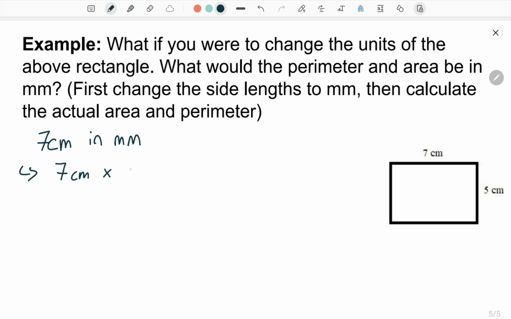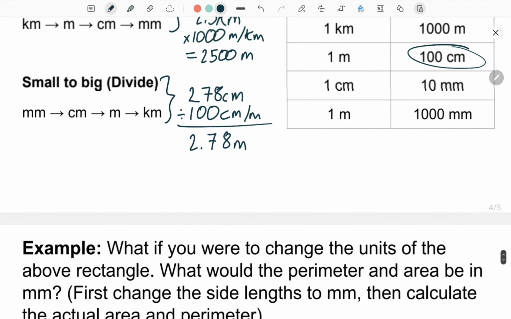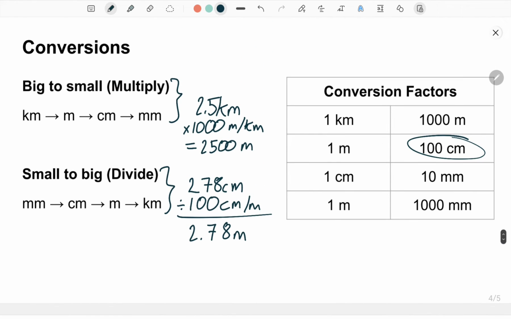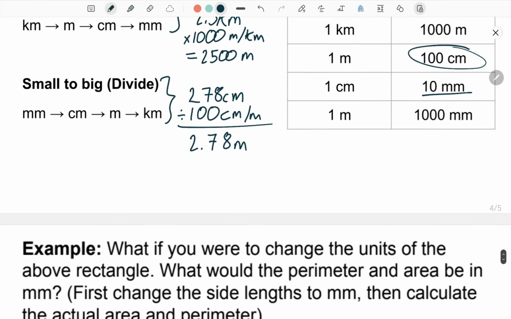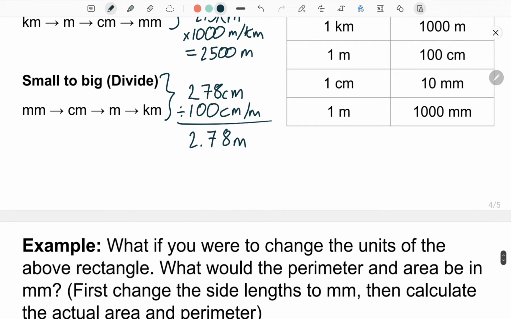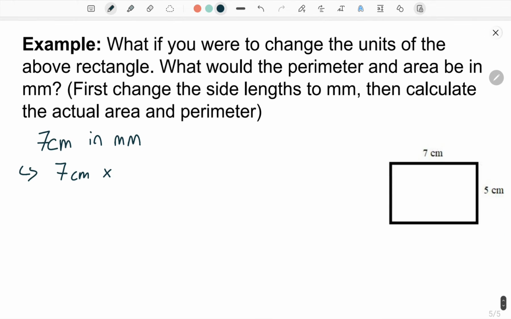We're going to do 7 centimeters times, let's go back to the table just above on the page, 10 millimeters for every centimeter. And if we do that, 7 times 10 gives you 70 total millimeters. So I can cross out that first measurement and rewrite it as 70 millimeters.